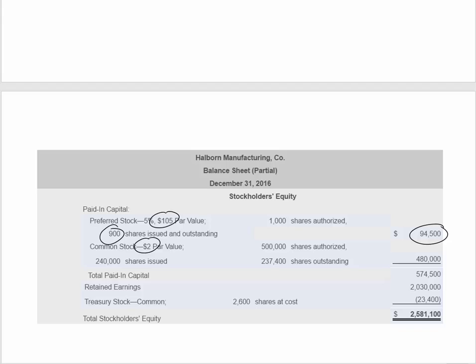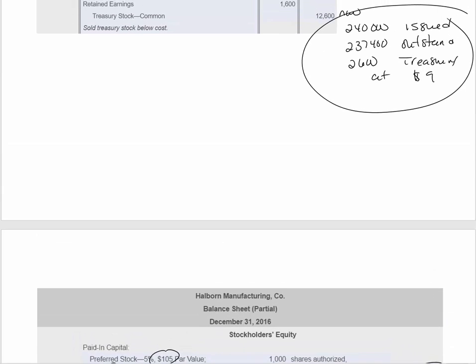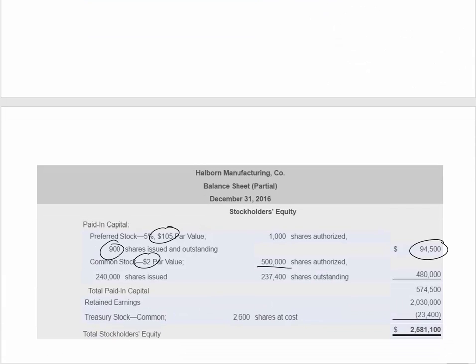It's down to $2 par, because that was from the stock split. 500,000 shares authorized. And you go up here and we can see we've got 240 issued, 237 outstanding. So we take the 240 times the $2 par, and that's what gives us the dollar value over here. These two together equal 574 for the paid in capital.